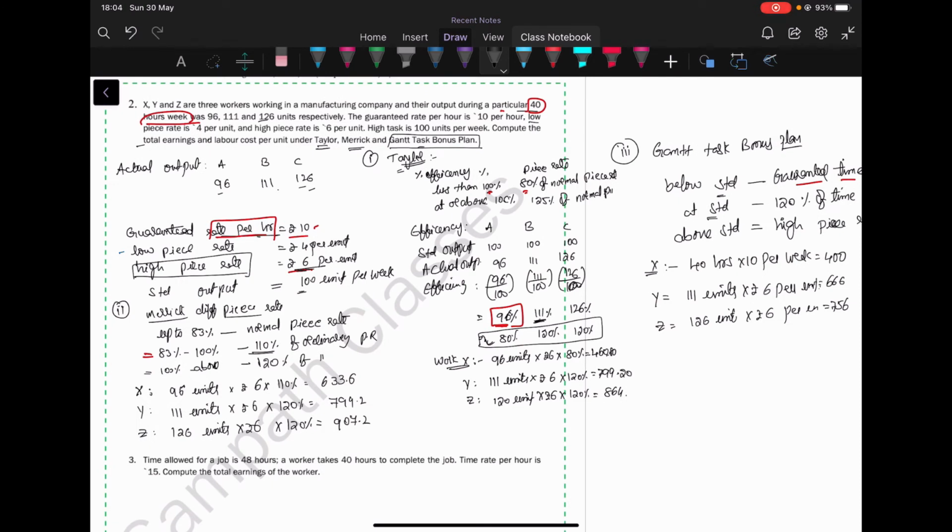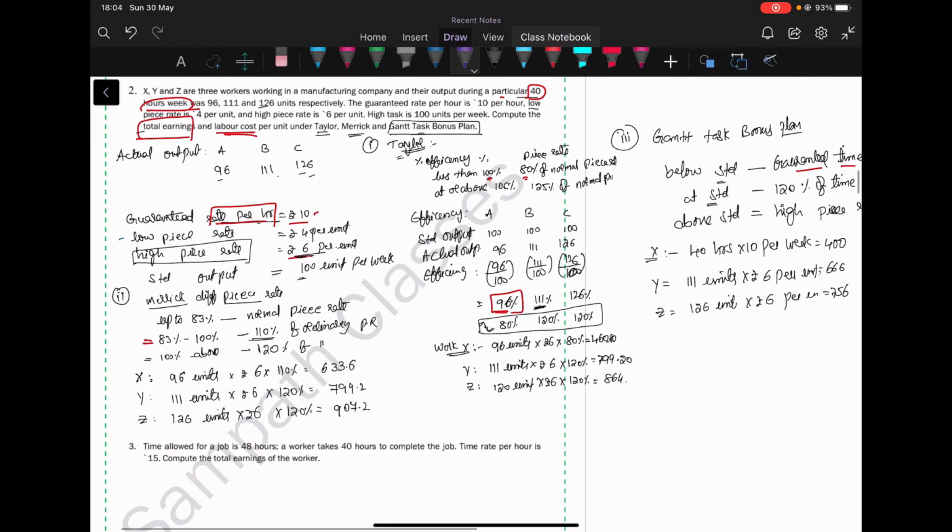These are the total earnings. One second, we missed something here. These are the total earnings, but he asked for labor cost also. Labor cost, how will we calculate labor cost? First I will write for the first method, that is Taylor's method.